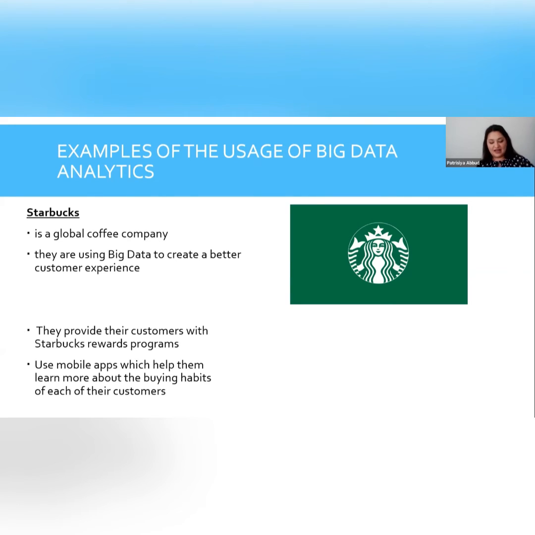Starbucks collected this data, and then they use it to recommend products to their loyal customers. They use this information to create better marketing campaigns, to create new menus, and even to decide where to open their new stores.